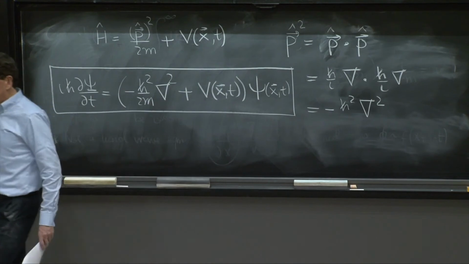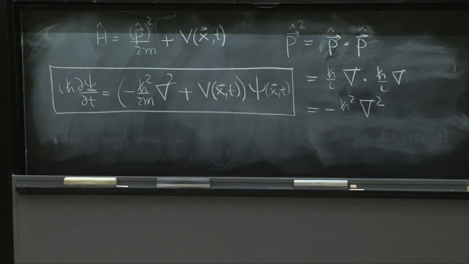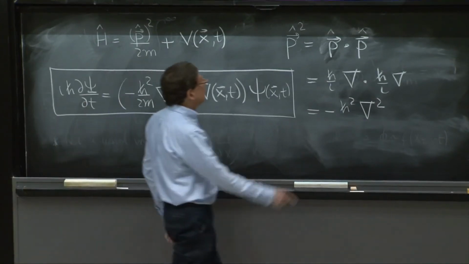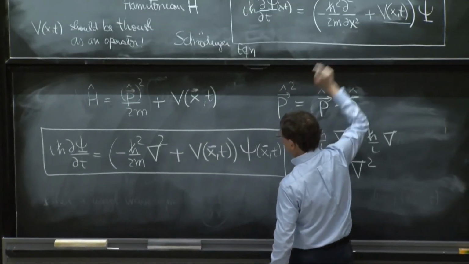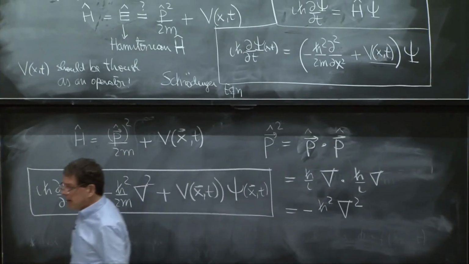And this is the full three-dimensional Schrodinger equation. So it's not a new invention. If you invented the one-dimensional one, you could have invented the three-dimensional one as well. The only issue was recognizing that the d second dx squared now turns into the full Laplacian, which is a very sensible thing to happen.